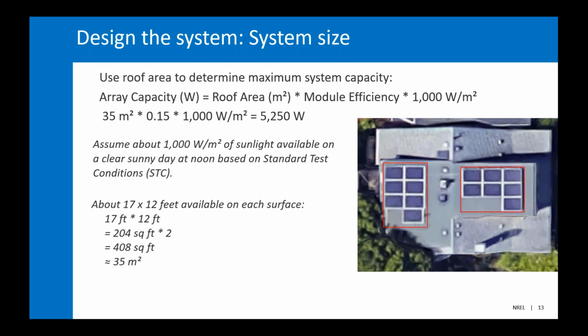It's not a sizing tool per se, and so you need to do some work outside of SAM to figure out how big your system is going to be. And this is a simple back of the envelope approach you could use to estimate the kilowatts for a given roof area or ground area. So I've determined that there's about 35 square meters available for solar modules on this roof, and that's about 5 kilowatts or 5,000 watts DC.